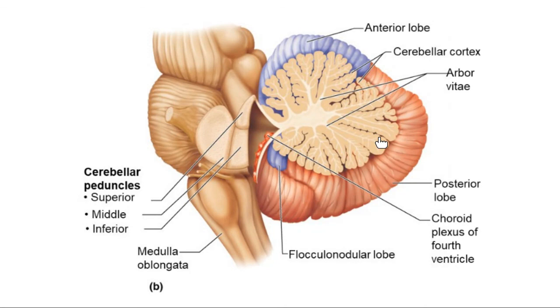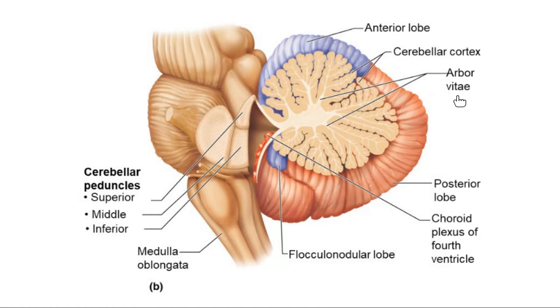When we look at the cerebellum, there are a couple of structures that we see, and we mentioned these in lab. The first one is called the Arbor Vitae. The Arbor Vitae is this white matter that you see here in the middle of the cerebellum. Arbor Vitae means the tree of life.